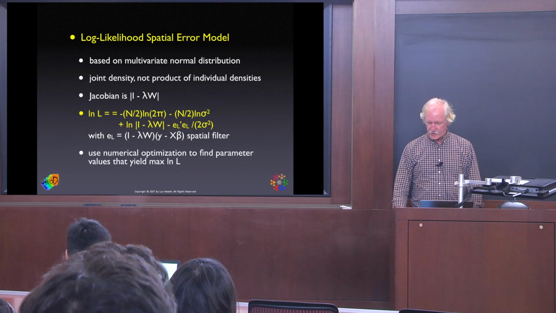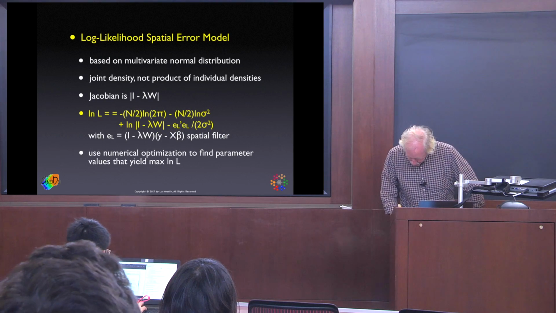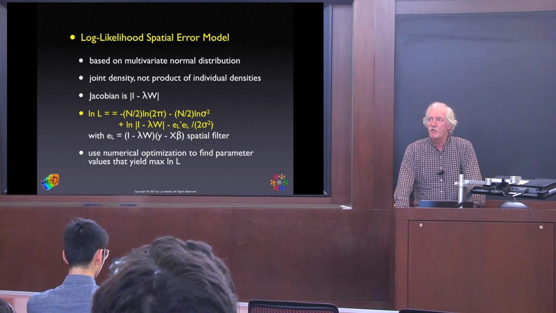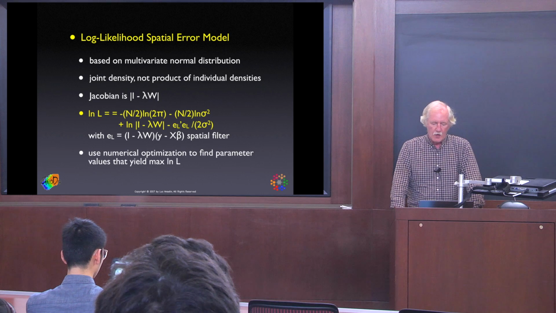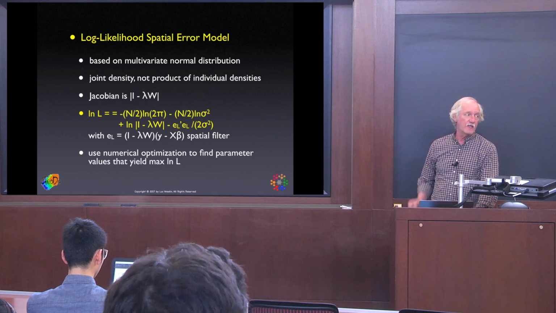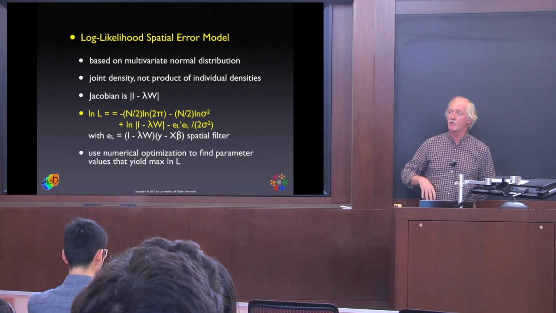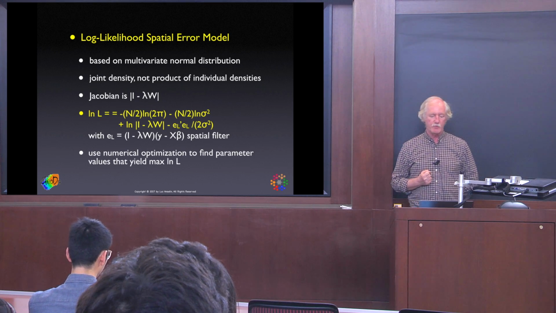So how do we get this log likelihood function? We again start with a multivariate normal distribution. Again, we cannot simply take the product of the marginals because they're dependent, so we have to deal with the full joint distribution.